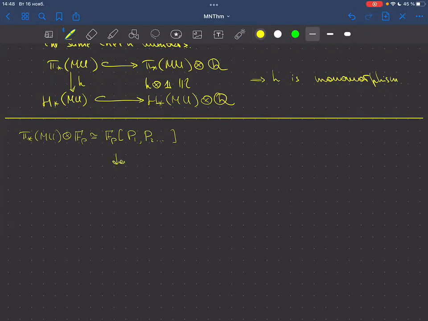Here the degree of p_i is 2i, and of course p_i may depend on p.